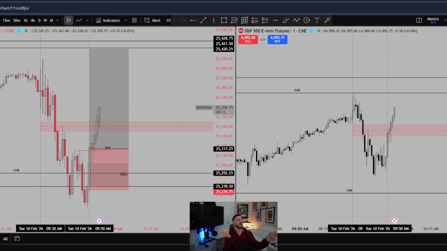I'm watching ES take this hourly high. Oh, you like this? I take one more partial right there. Stop loss at break even. I call you crazy.